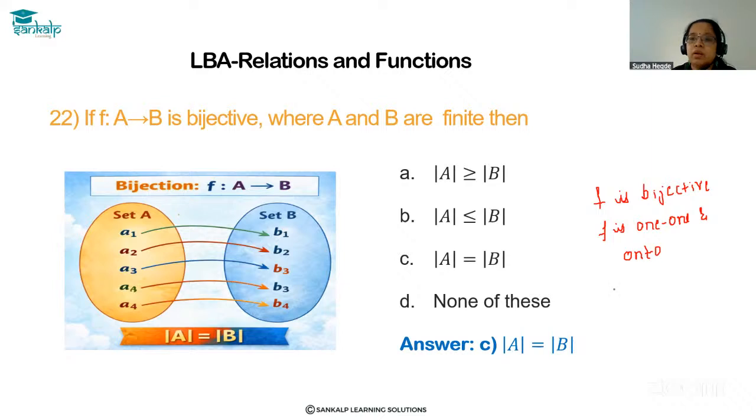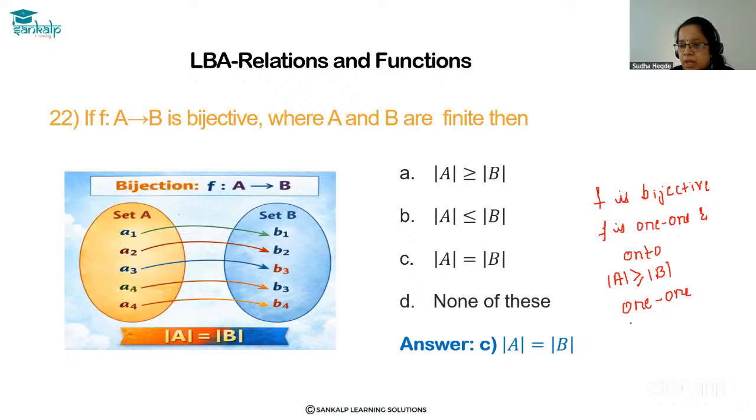So to be onto, you should have mod A greater than or equal to mod B. Number of elements in the domain must be more than or equal to the number of elements in the codomain. And to be 1-1, you have to have the reverse case.